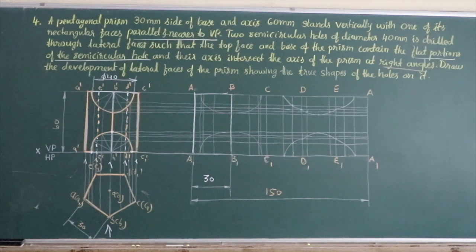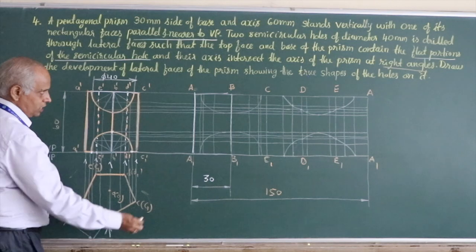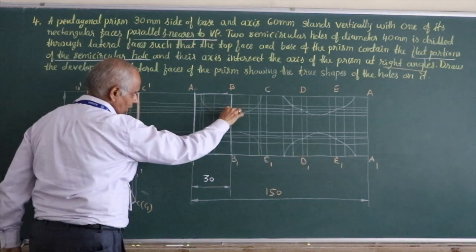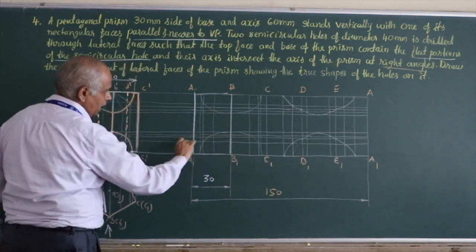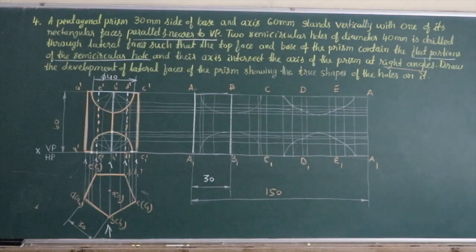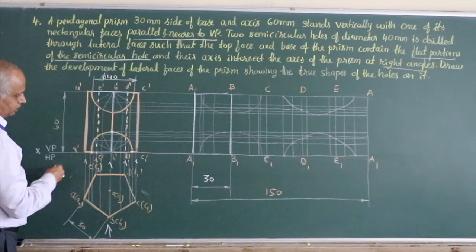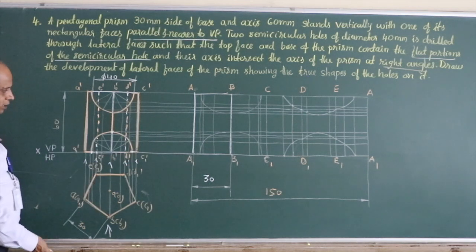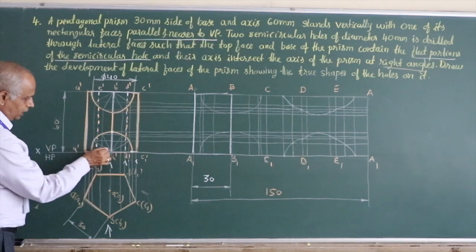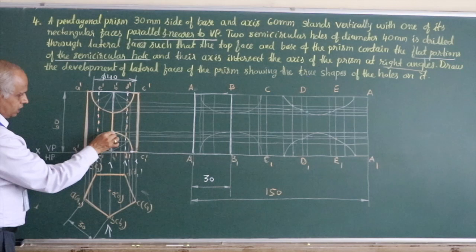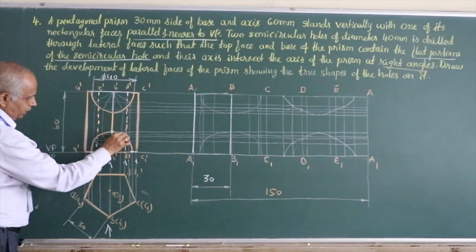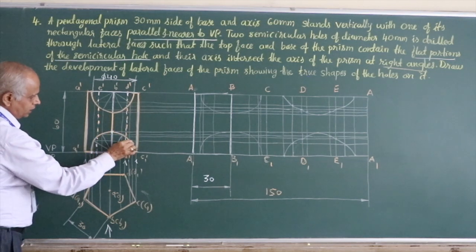Remember, it is with BB1 as the edge. So here, with respect to this as the line of symmetry, on either side I should locate this set of points. And to get some more points to draw the curve, I need to draw lines, say, divide the semicircle into 6 parts, that is, draw 30 degree, 60 degree, 90, 120, 150 lines, you get these points.